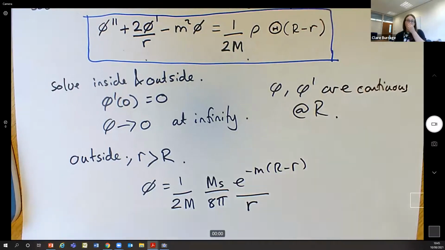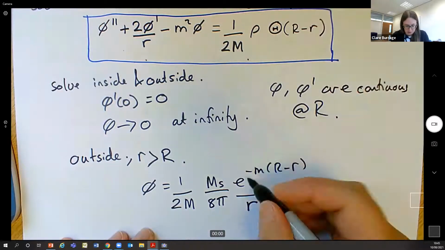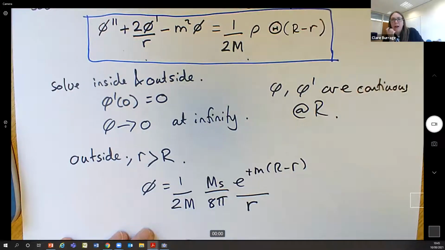Okay, so this is, in the classical version of the calculation, how we recover again our Yukawa potential. So we've got our exponential suppression, and I have messed up the minus signs there, that should be a plus. We've got our exponential suppression at large r, we've got our 1 over r, and then we've got the mass of our source coming in here.